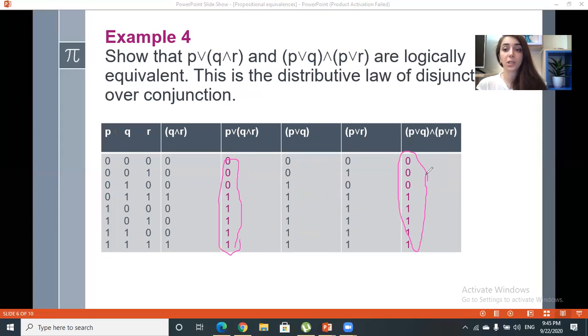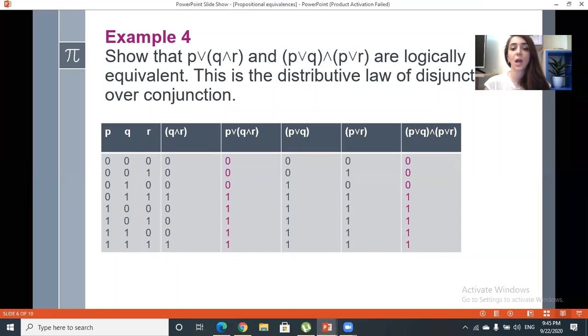So these two operations are logically equivalent. We use the distributive law and find out that they are equivalent. Let's continue. If you have any question, please let me know by writing your question below in the comment.